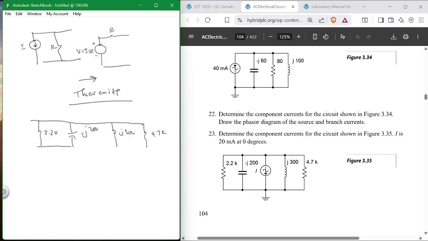Find the Z total for that. How do you do that? 1 over 2.2 plus 1 over minus J200 plus 1 over J300 plus 1 over 4.7K. This is in K. Because I've got 200 and 300, I've got to put these in K. There, you get it. That's how you do it. Okay, what would that be?